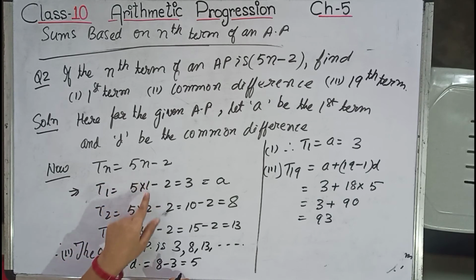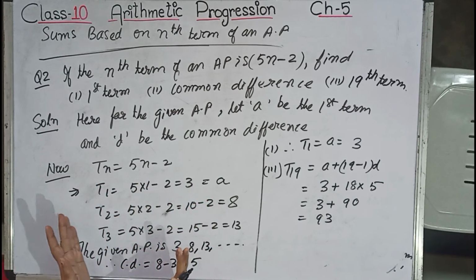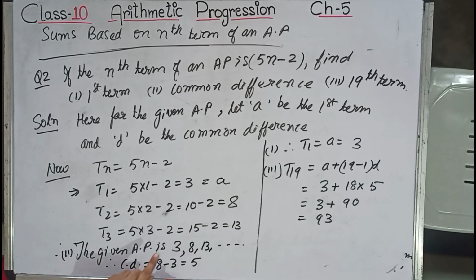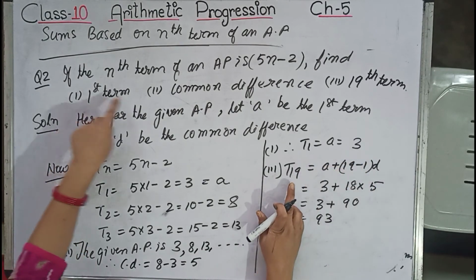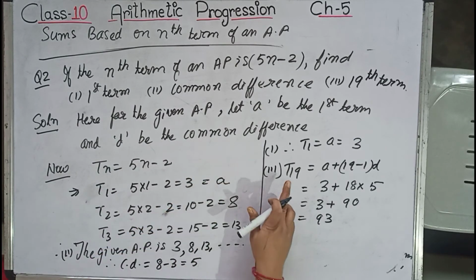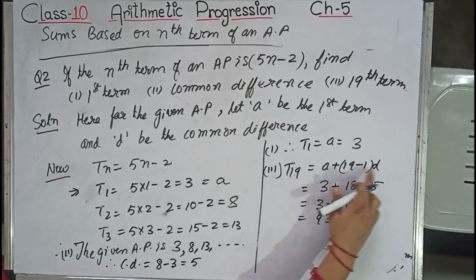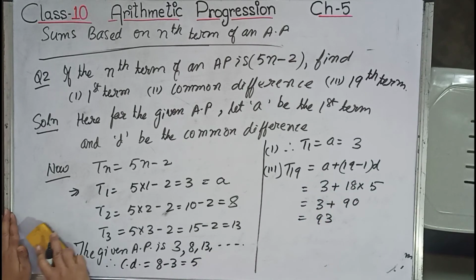Now when we put n equals 1, 2, 3 and so on, we will get T1, T2, T3 and so on. Once we have the terms we have the AP. So the AP is 3, 8, 13 and so on. Therefore the first term is 3, the common difference is 5, and the 19th term T19 is A plus 19 minus 1 into D, that is 93. Let us move to one more type.